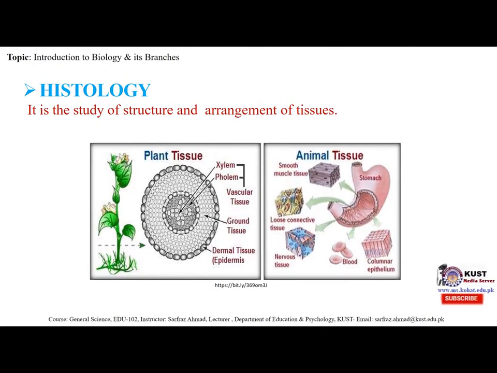Another branch is histology. It is the study of the structure and arrangement of tissues. What does histology mean? The microscopic study, especially the microscopic study of the tissues of an animal or plant, the structure of tissue or organ.